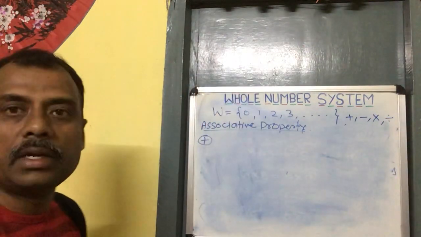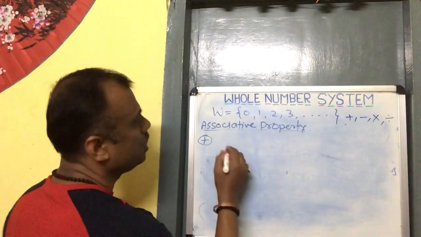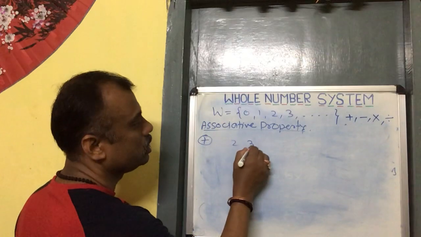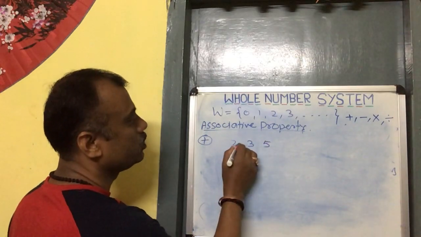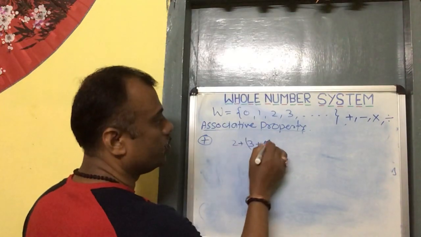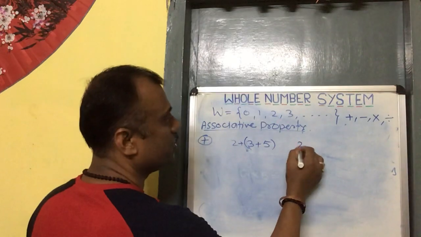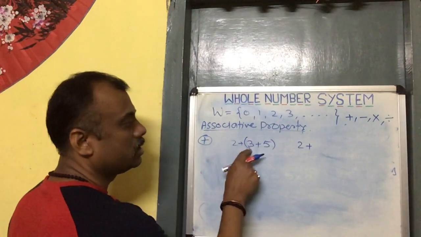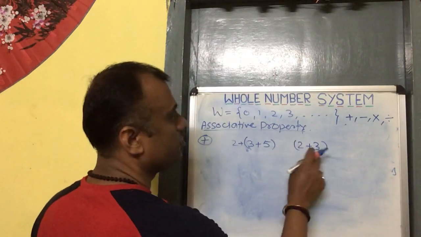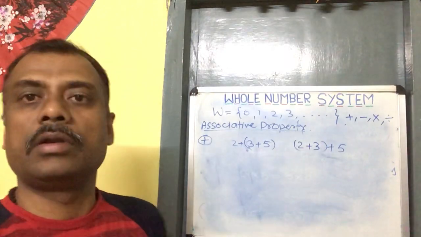Let us take three whole numbers 2, 3, 5. I am going to add them in a group way. First I will add 3 plus 5 and then 2, and another I will add 2 plus 3 and then 5. Let us see whether the answers are the same or different.